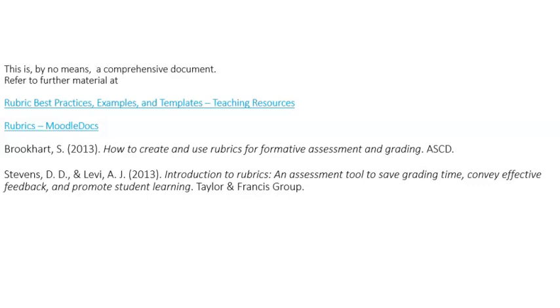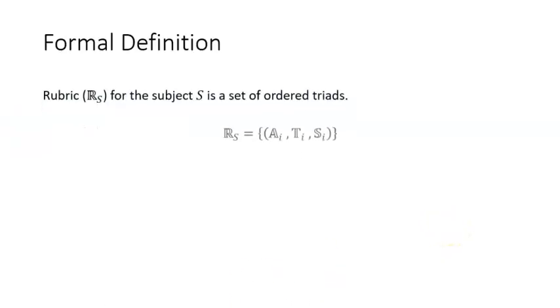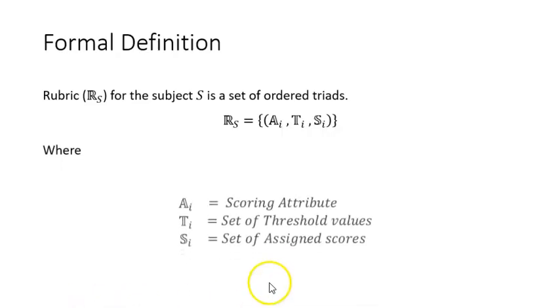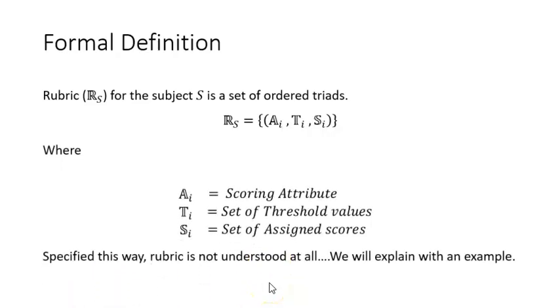Let us begin from the first slide. We'll give a formal definition, and of course, just like all formal definitions, this is as obscure and esoteric as it can be. We will say that the subject is S, and the rubric we represent by R sub S, which we say is a set of triads.